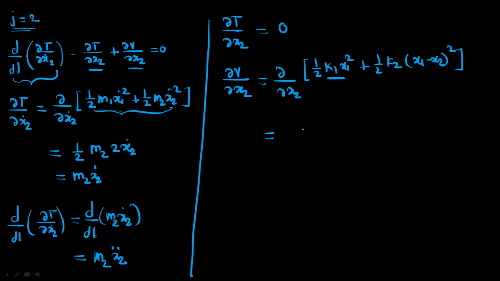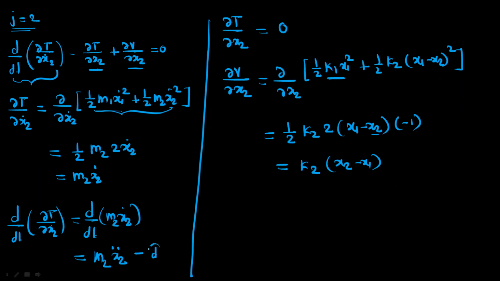Now differentiate this term. 1 by 2 k2 is a constant, 2 in bracket (x1 minus x2), and again the differentiation of this term with respect to x2 will be minus 1. So we will write k2 in bracket (x2 minus x1). Now put these values.